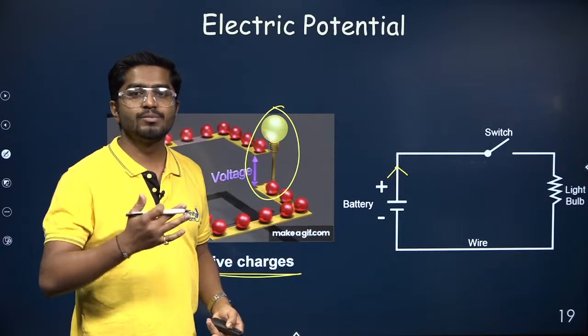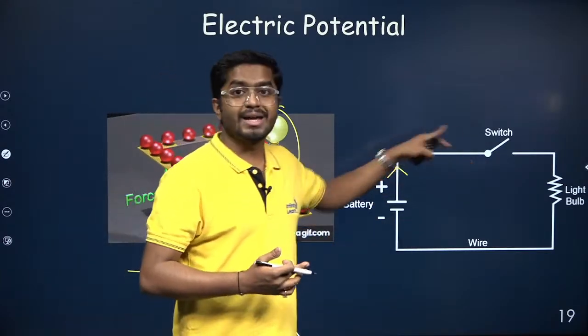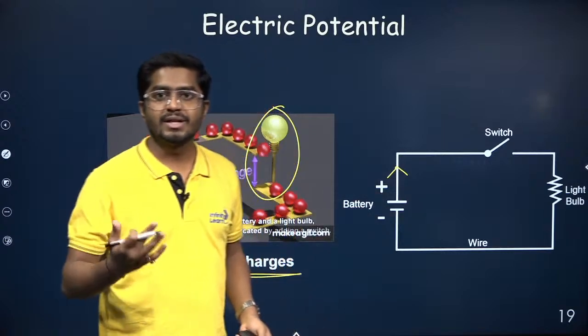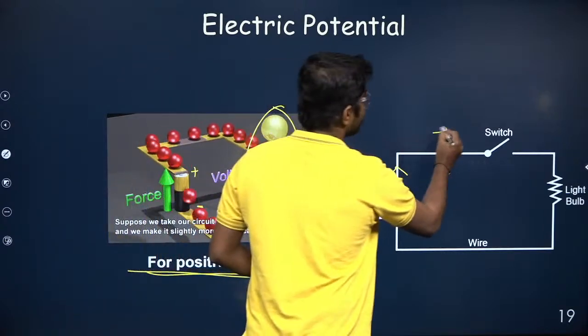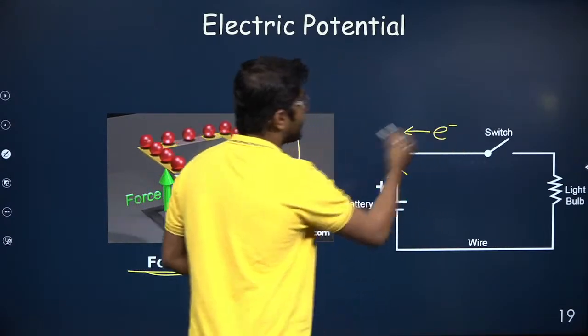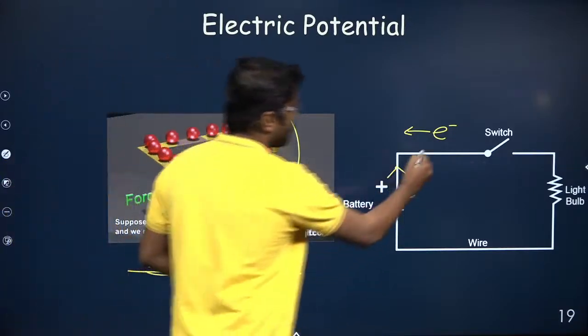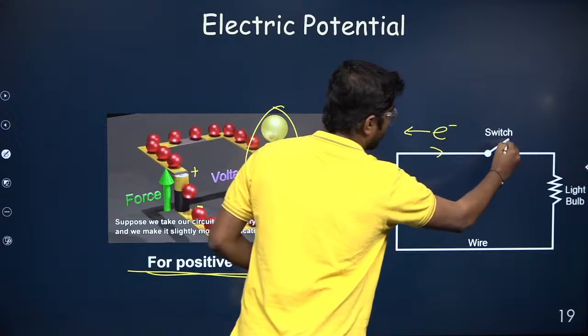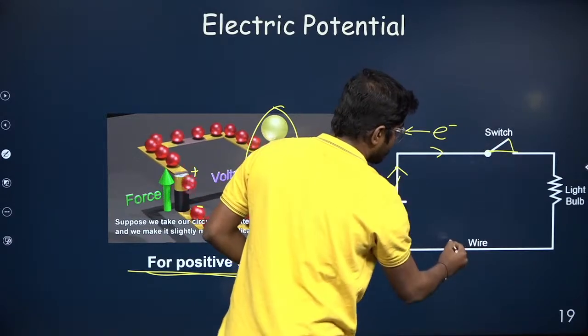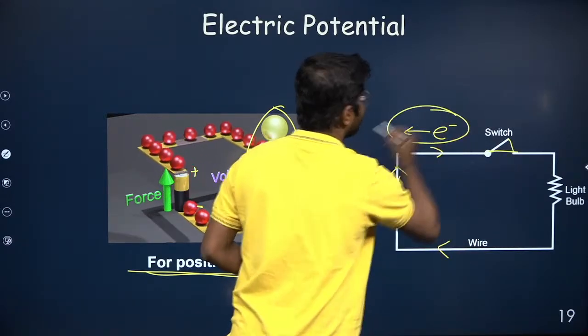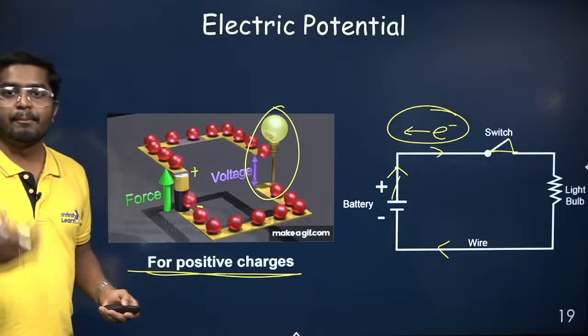Now we need to correct it because the electrons are the ones flowing. So electrons move in the opposite direction to the direction of current. Current flows from the positive terminal when you close the switch and comes back. Electrons move in the opposite direction, opposite to the current.